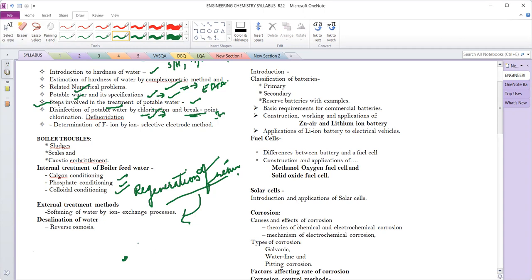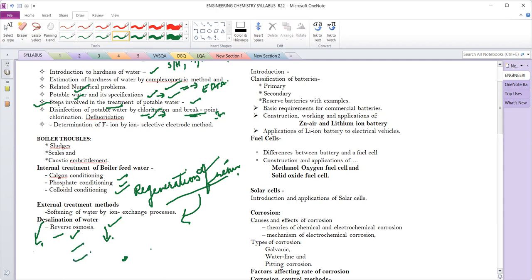Okay. And next, the last topic in this unit is desalination of water, that is reverse osmosis. Desalination of water is nothing but the removal of the excess salt from saline water. Here there are different processes under desalination, and from those, only reverse osmosis is there in your syllabus as per R22.